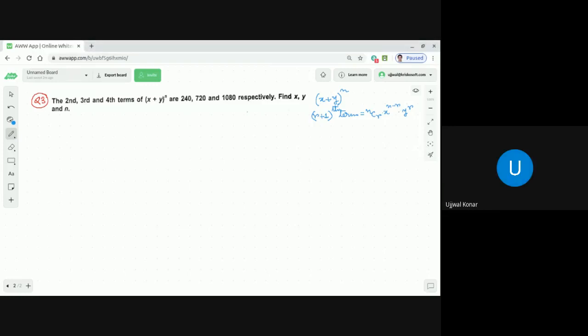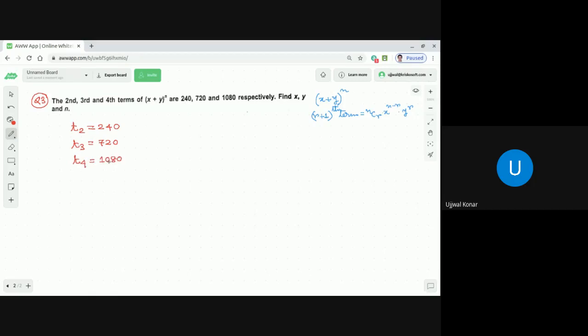Okay, so how are you approaching, dear students? According to our question, T2 is given, right? T2 is equal to 240. Then T3 is given as 720 and T4 is given as 1080.